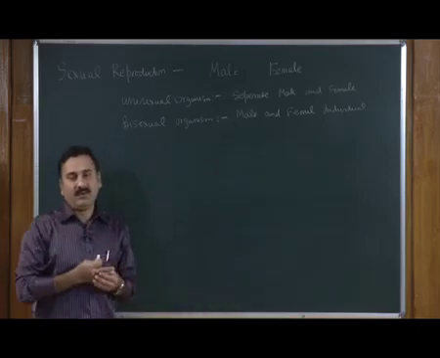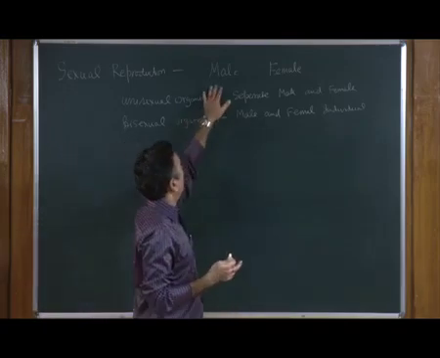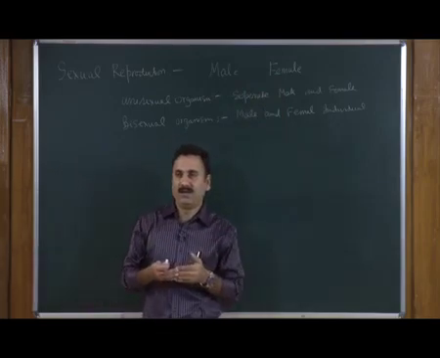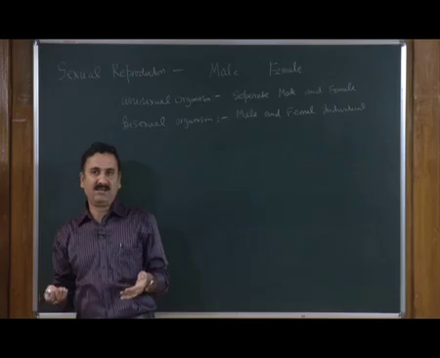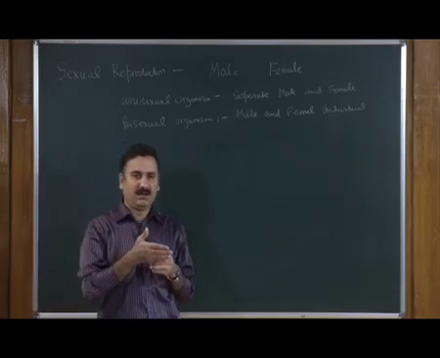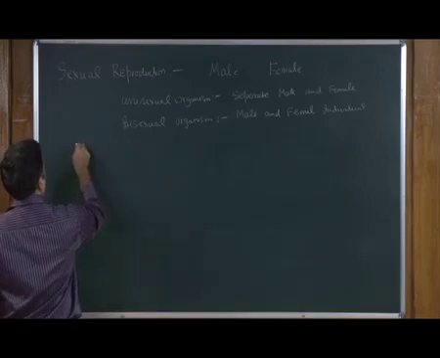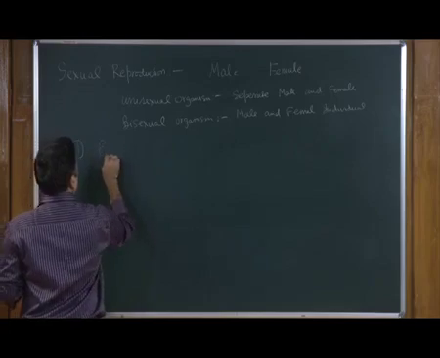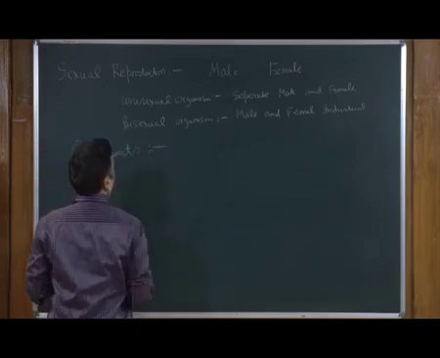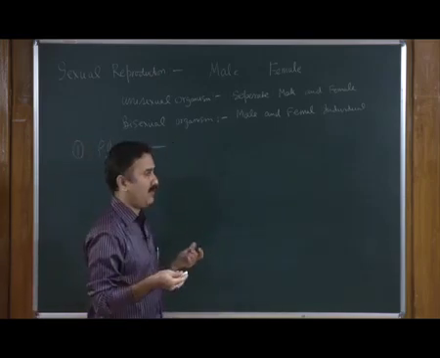But apart from this, sexual reproduction requires both the male and the female to mature enough so that they can produce gametes, and this whole process is different in different organisms. For example, in the case of plants, they have a phase where they come out from the seed.